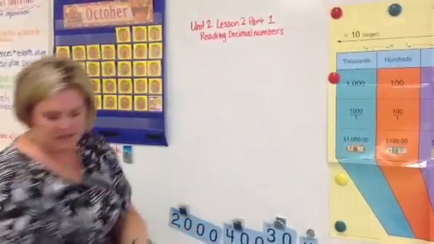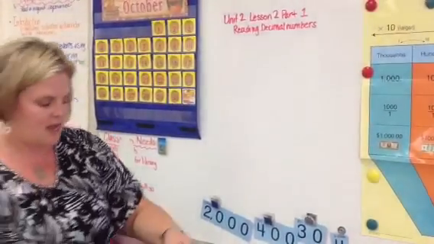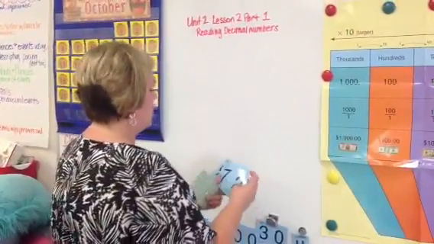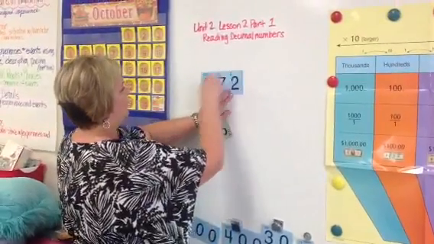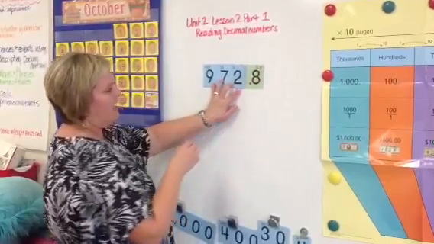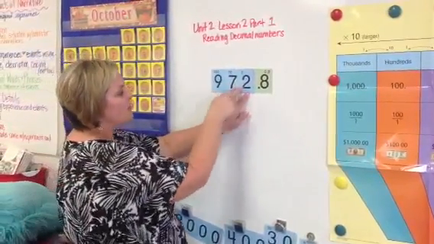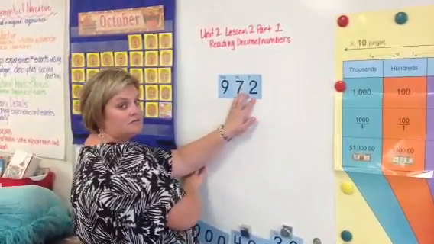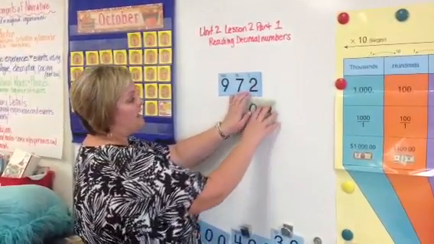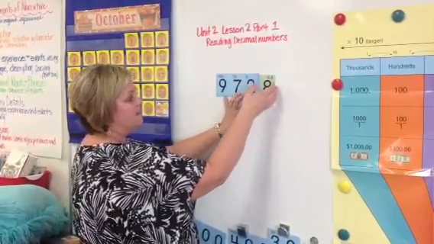Another one, as we're building our knowledge on this one, would be 972.8. So you would say your number, we would say this 972 if there was no decimal. When we add the decimal in, we just say and 8 tenths.